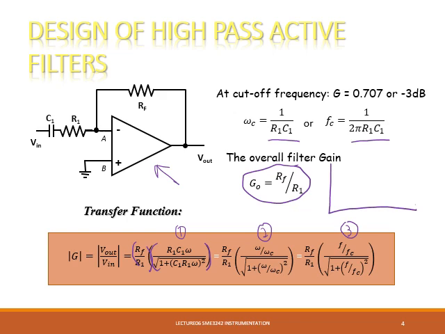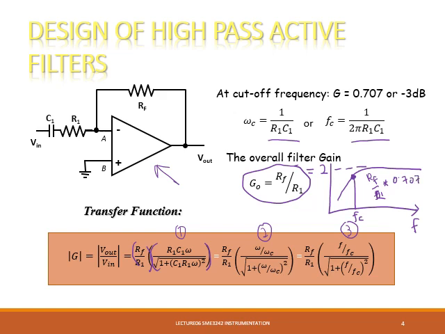So again, the response for the active high pass filter: the gain depends on the value of RF over R1. If you choose RF over R1 equal to 2, then the gain will become 2. At the cutoff frequency, the value is RF over R1 multiplied by 0.707.